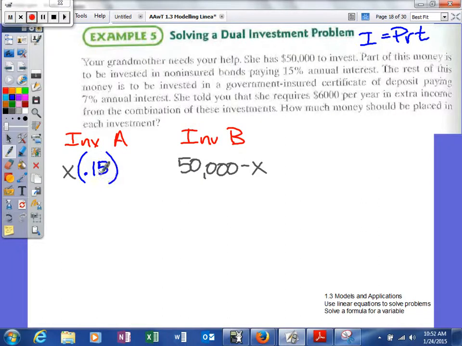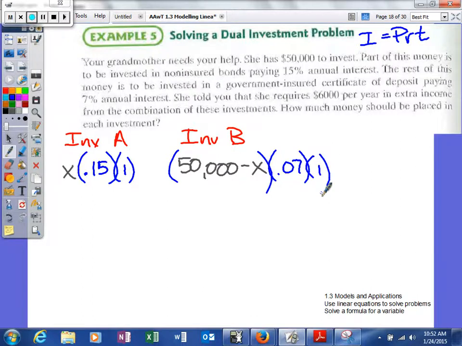The way you write a percent as a decimal, you divide it by 100. So 7%, if you divide 7 by 100, you get decimal 0.07. Now our time, she requires that per year, so our time is actually going to be 1 for both of these. That's good to know. All right.